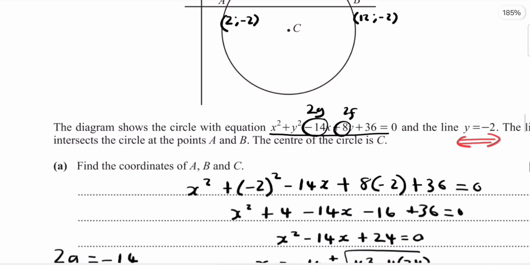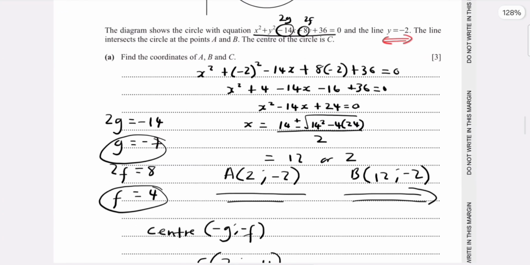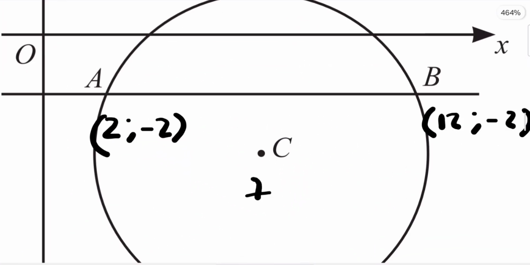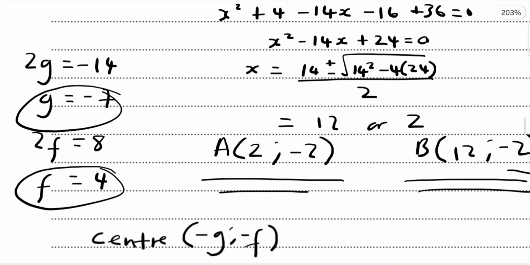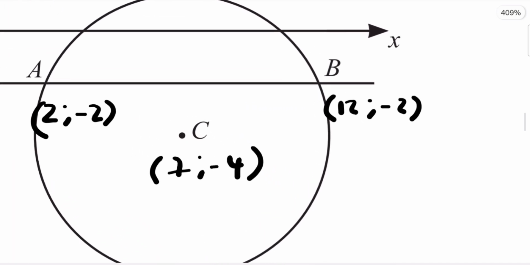C was (7, minus 4). Like this. And the question is asking us to calculate the angle ACB. So the angle is at C, which is this angle right here.